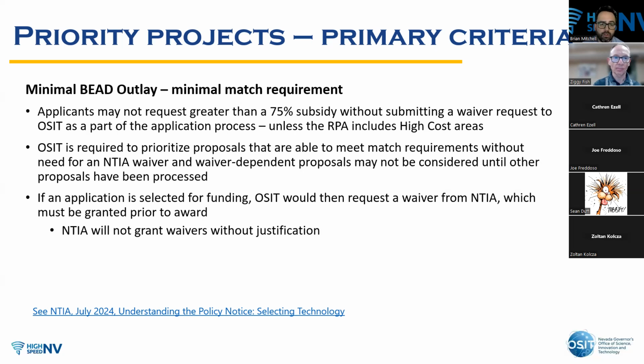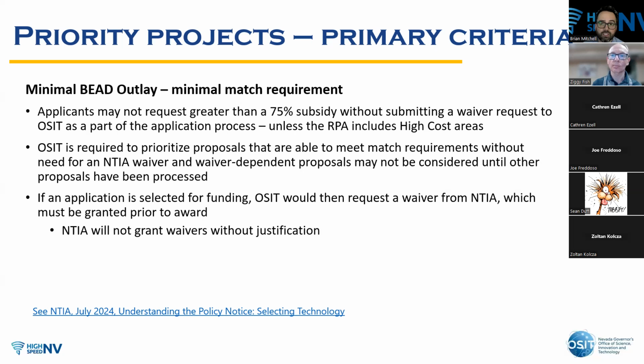So as you're thinking about what your costs look like and how you're going to propose, you will be able to do the math essentially and figure out what your score is in this section before you submit your application to OSIT. And so there won't be any mystery here. You can adjust how much you want to provide in match in order to get the kind of score that you think you need in order to win the bid.